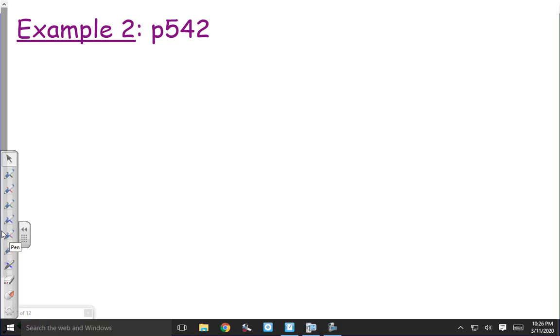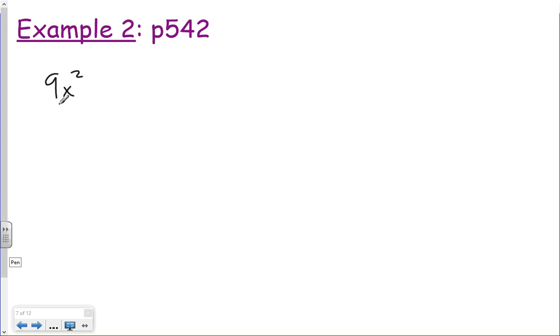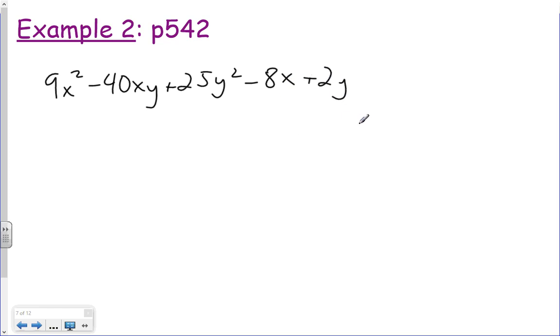Let's go ahead and write down that equation. So we've got 9x squared minus 40xy plus 25y squared minus 8x plus 2y minus the 28, that's equal to 0.